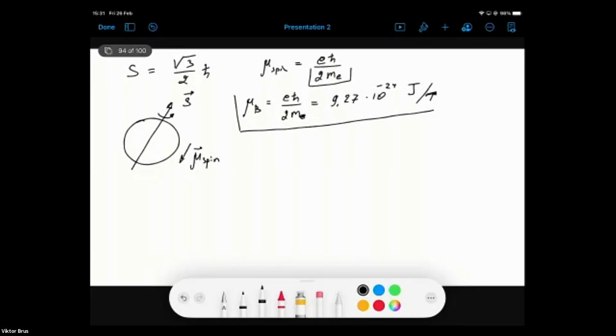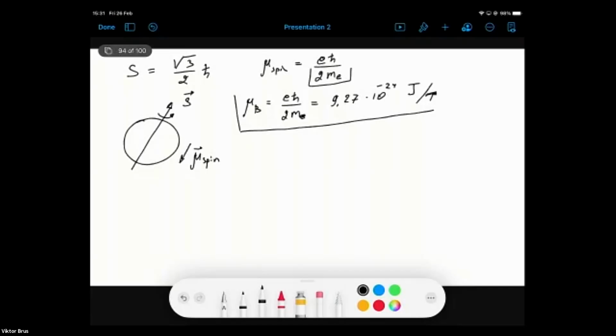So the atoms of these metals possess some permanent magnetic moment, and what is interesting about them is that because of strong coupling between these neighboring magnetic moments, they tend to align in the same direction and form so-called domains.